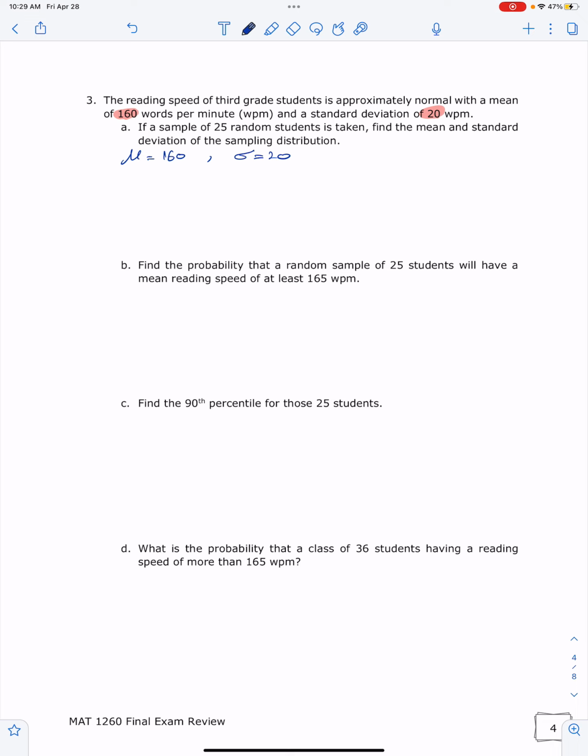We need to find the mean of the sampling distribution of sample means and the standard deviation of the distribution of sample means. So the mean of sample means is the same as the population mean, which is 160. The standard deviation of the distribution of sample means is equal to the population standard deviation divided by the square root of the sample size.